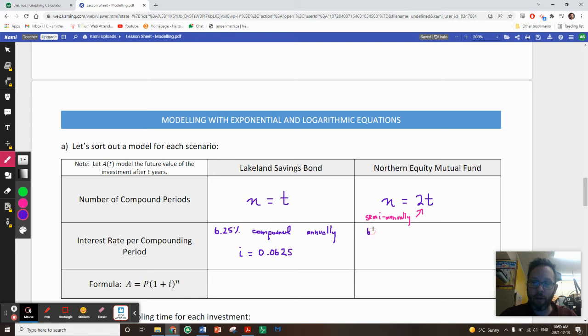For our next one, however, it's 6% compounded semi-annually. You can do the mental math. That's 3% per half year.